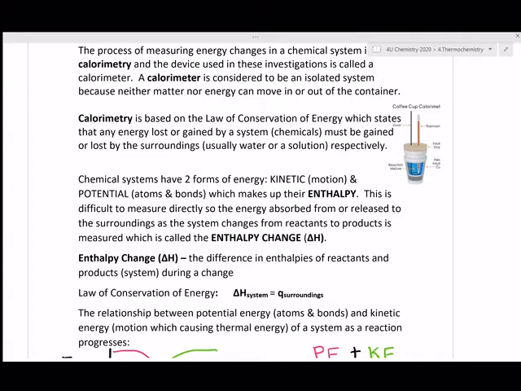So we basically have to compare the enthalpy of the reactants to the enthalpy of the products, and then we can look at that difference, because otherwise it's very hard for us to measure the energy contained in an atom or a bond, for example. So enthalpy change, we're going to call delta H.